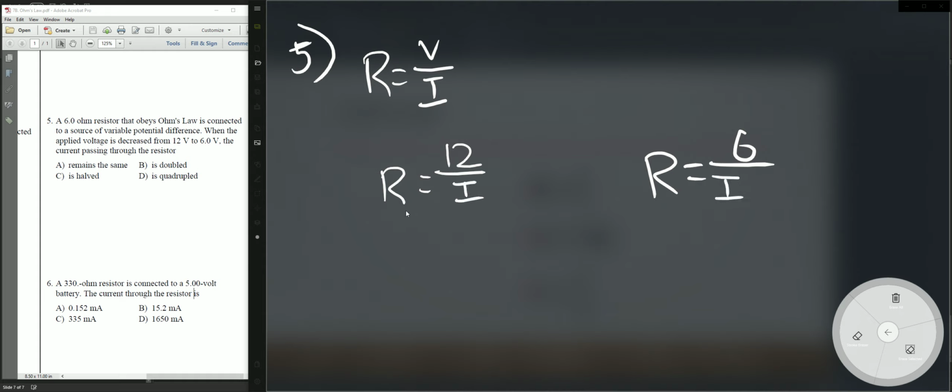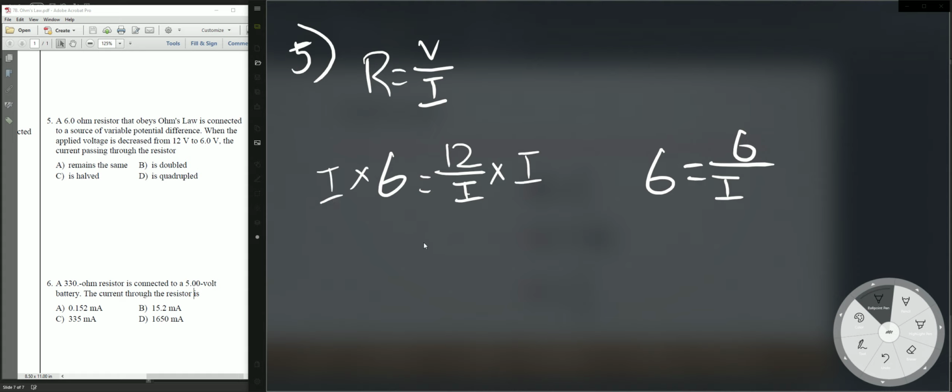So what happens to the current if your resistance stays the same? It says in the problem your resistance is 6. So what happens to I when resistance stays the same and your voltage decreases? Well, let's solve this out, if you can't figure it out just by looking.